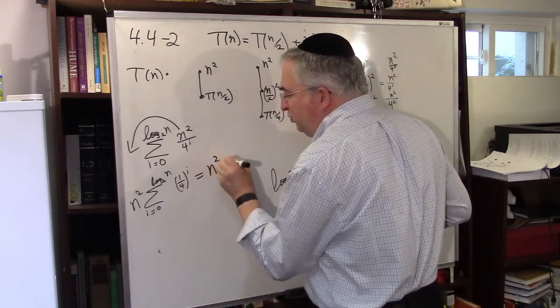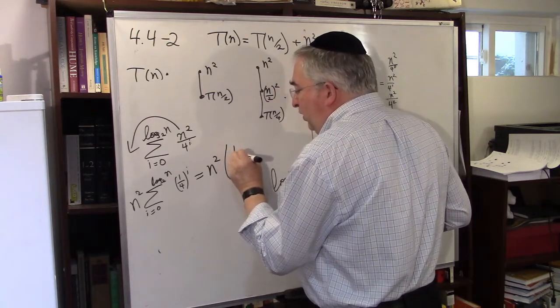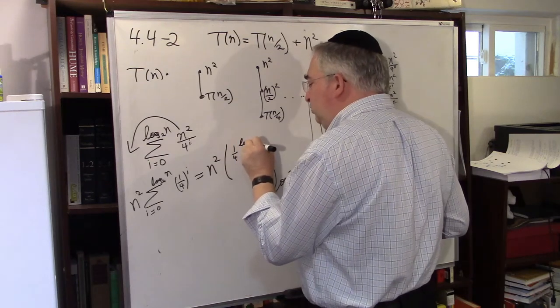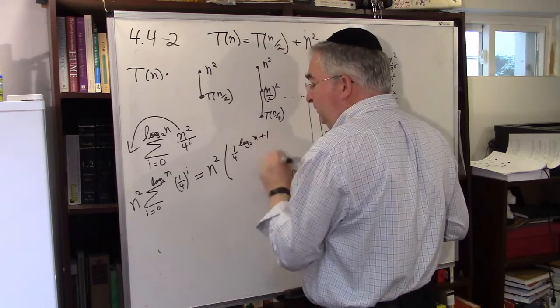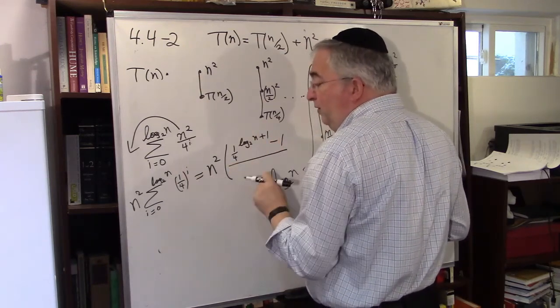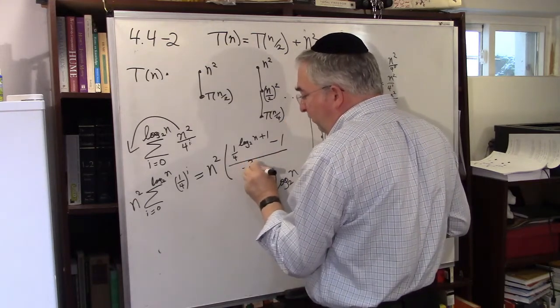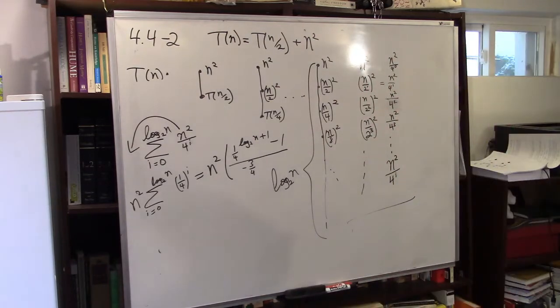So this is n squared times 1 over 4 to the log base 2 of n plus 1, minus 1, divided by 1/4 minus 1, which is minus 3 over 4. 1/4 take away 1 is 1/4 minus 4 over 4, which is minus 3 over 4.